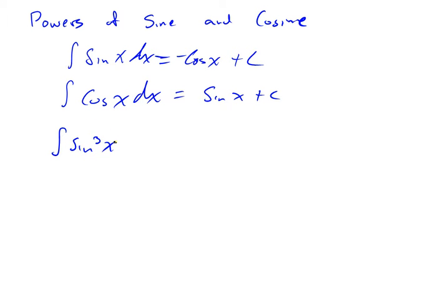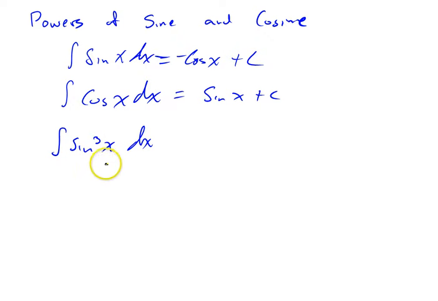Now, in a previous video, I did a telescoping integral for sine to the n. I'm going to do this one a little differently, just because it's pretty easy to do it this way. In fact, sine to any odd power, I might be inclined to do this way.